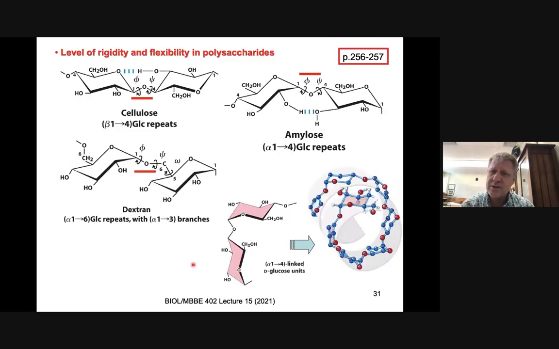A little like what we saw previously with the phi-psi angles in regards to peptide backbones, we also have the capacity to have these measurements of phi-psi angles in the glycosidic bond. With these components, we can start realizing that there are going to be defined structures that we could establish.